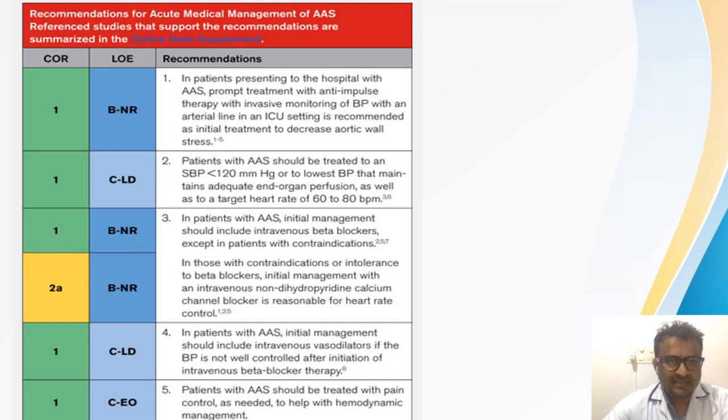Also, patients with aortic syndrome should be treated with the aim of systolic blood pressure less than 120, or the lowest BP that maintains adequate end organ perfusion, as well as a target heart rate of 60 to 80. The heart rate and the blood pressure are achieved with the intravenous beta blockers. In patients with acute aortic syndrome, the initial management should include the intravenous beta blockers except in patients with contraindication.